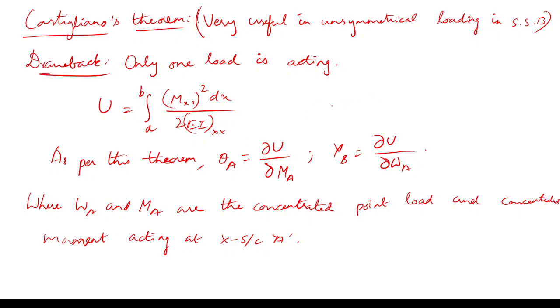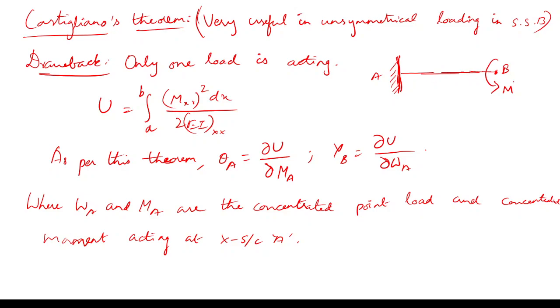For example, let's say I have a cantilever beam like this, and it is loaded at point B by a moment M. As per this theorem, what should I do?